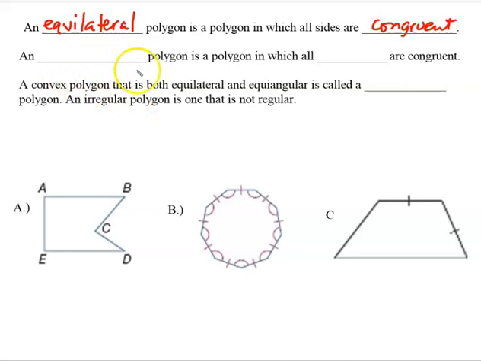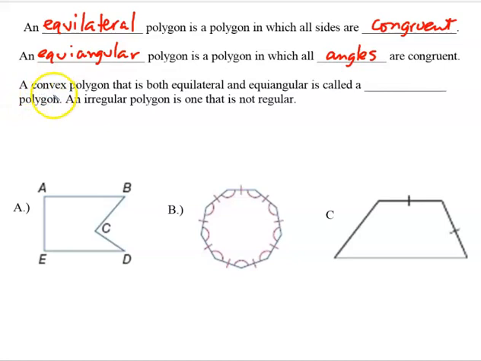Every side measures the same. And then we also have others that are equiangular. And you can probably figure out equa means equal, that little prefix, same sides in measure, and this is same angle measurements. So the angles are congruent for equiangular polygons.